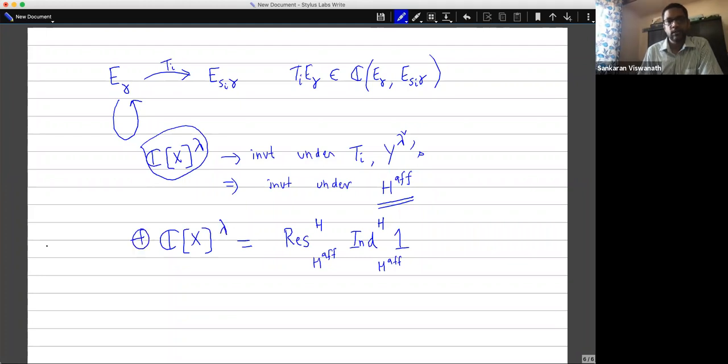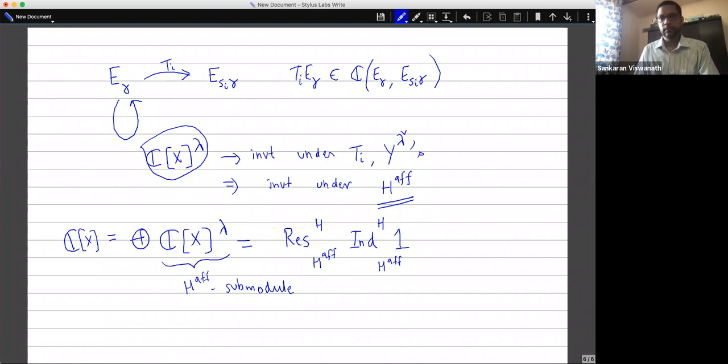So Cx decomposes in this manner, where the Cx lambdas are, in fact, submodules for the H affine action. So this is an H affine submodule. Okay, so these are the invariant subspaces. Okay, any questions on any of this?